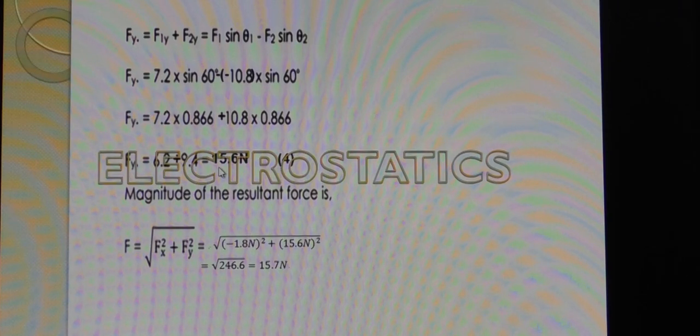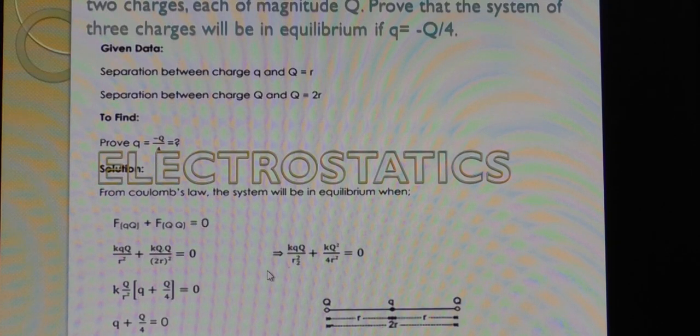So this is 15.6 Newton, because we have to find the magnitude of the resultant force, and as we know that F is equal to under root Fx square plus Fy square. By putting the value of Fx and Fy, what we get? We get here the resultant force given by 15.7 Newton.